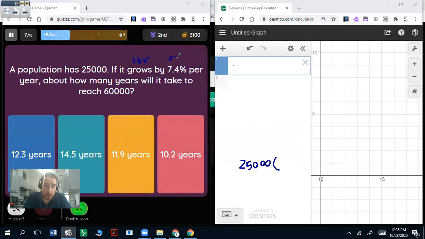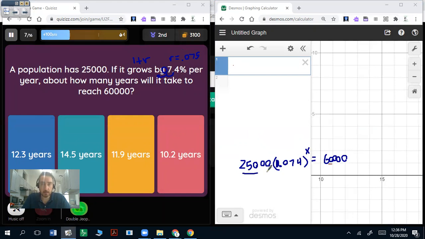Your rate is 0.074. Always move that decimal 2 places to the left. Put a 0 as a placeholder if you need to. So it's going to be 1 plus 0.074. So that's 1.074 raised to the, well, we don't know. So we'll call it x. And we set it equal to 60,000.